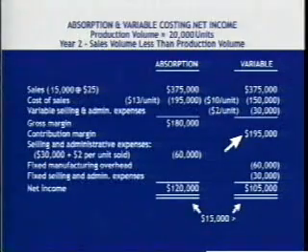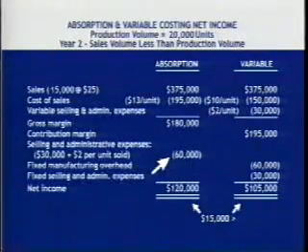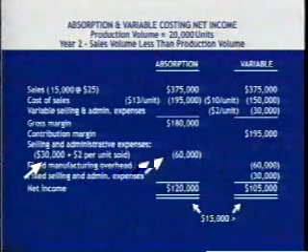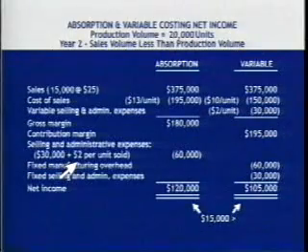So far, it looks as though absorption costing will result in a smaller net income. However, for absorption costing, selling and administrative expenses totaled $60,000, which includes $30,000 fixed selling and administrative expenses, plus $2 per unit sold variable selling and administrative expenses.